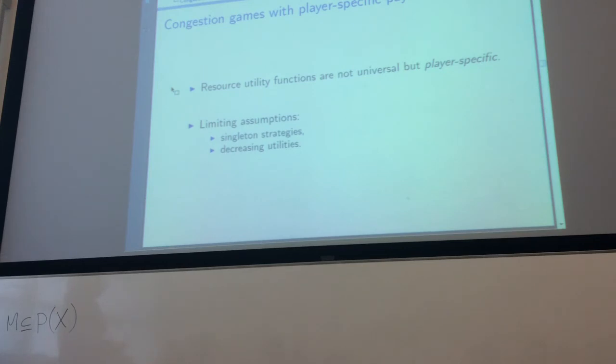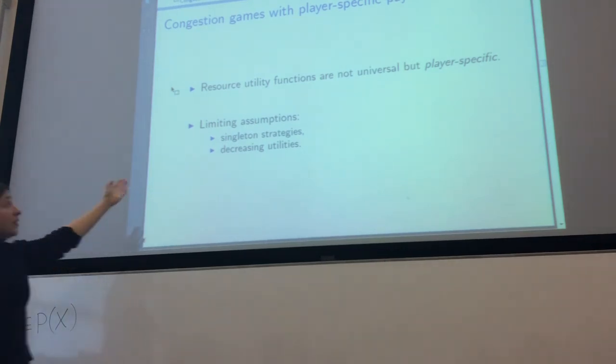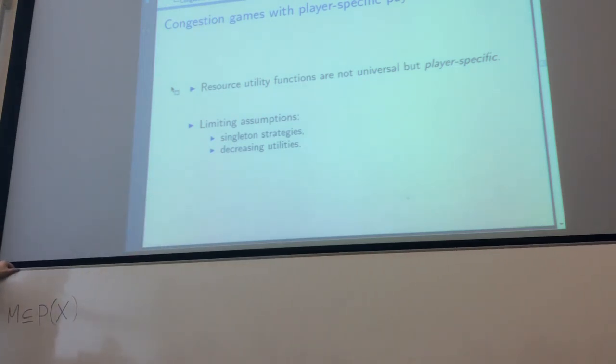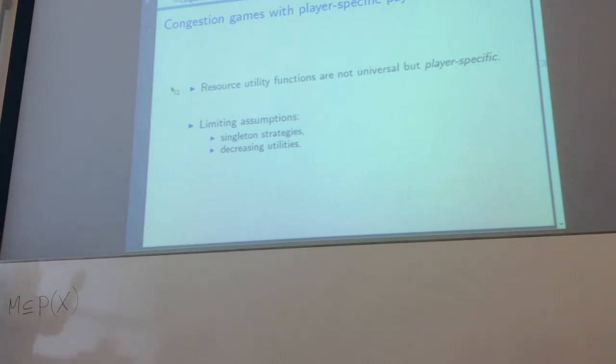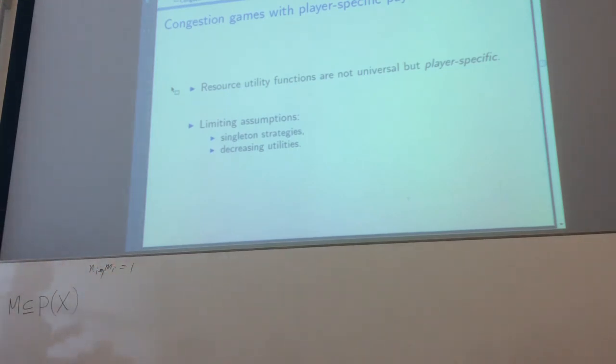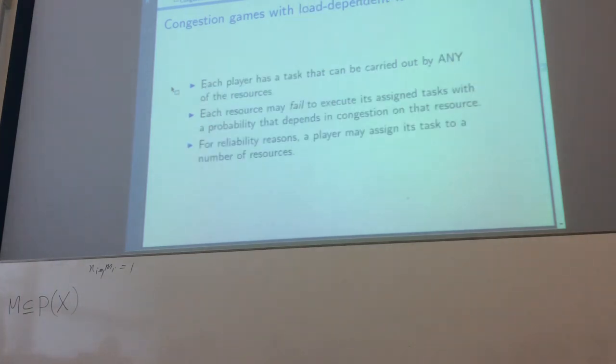So it is congestion-averse utility, and singleton strategies are actually bases of a matroid with n_i and m_i both being one for every agent. So that is also satisfied. That is a special case of the model.